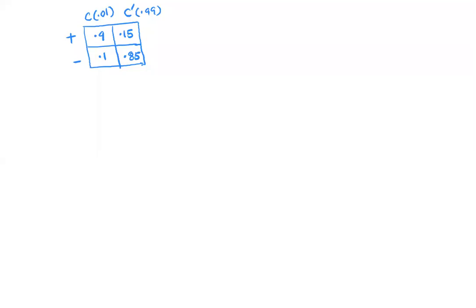What we are looking for is the probability that someone has cancer, given that the person tests positive. Remember, C is the event that an individual has cancer, and the positive sign is the event that the person tests positive.